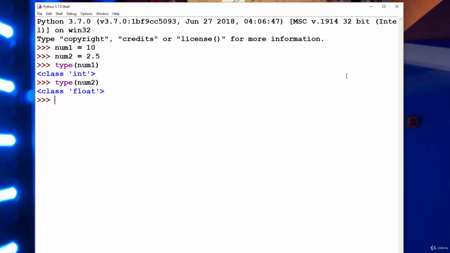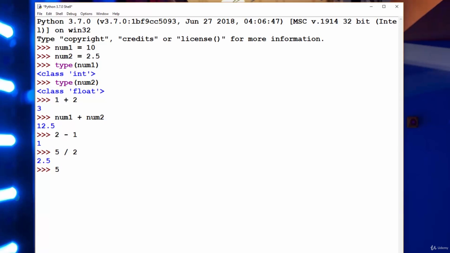Now let's see what operations we are able to perform using integers and floating point numbers. Addition, 1 plus 2, for example, or num1 plus num2 if we decide to use the variables. Subtraction, 2 minus 1. Division, 5 divided by 2.